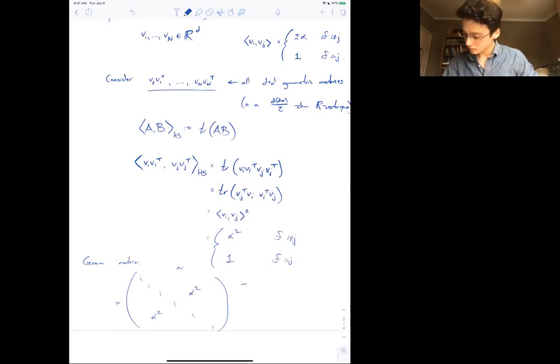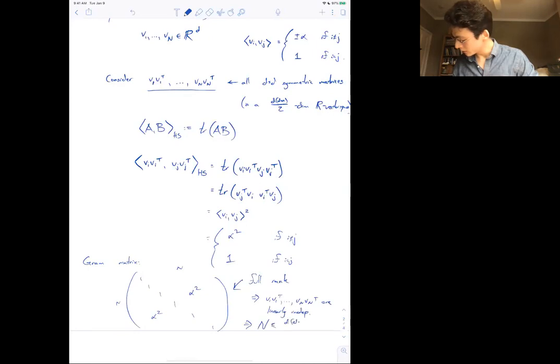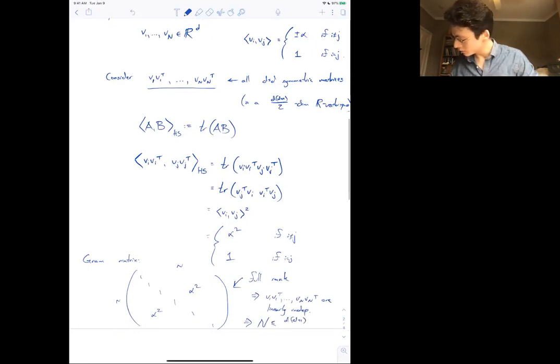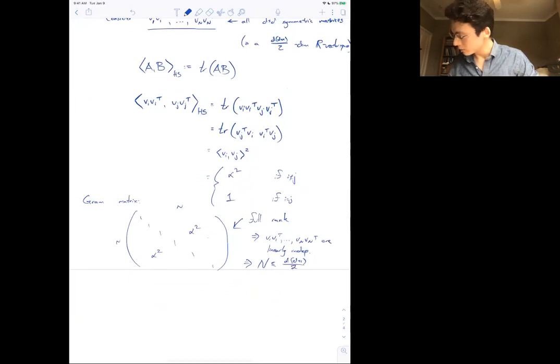Let me just write that down. So this is full rank, which implies these matrices are linearly independent. Which then implies the number of them is at most the dimension of the vector space they lie in, which is d times (d plus 1) over 2, since they're symmetric d by d matrices. And this is exactly the bound we were trying to prove.